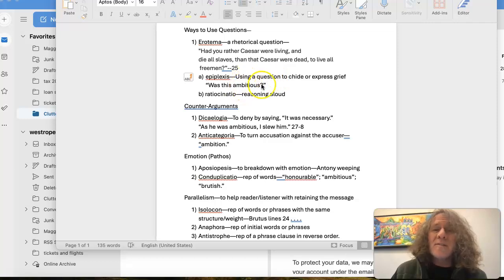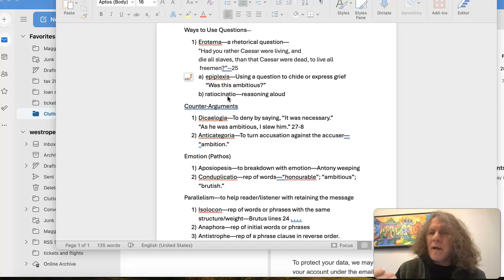Let me make a point here: that wasn't Antony, that wasn't Caesar, that was you. Another kind of rhetorical question is called ratiocinatio, and it's a series of questions listed together that have the purpose of you reasoning aloud. You consider questions people might ask about a particular process, and you process them aloud and answer them.